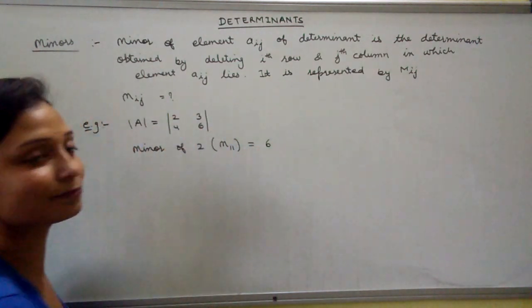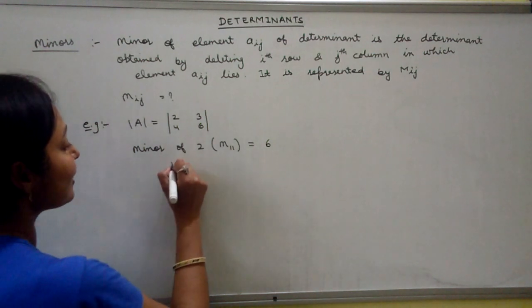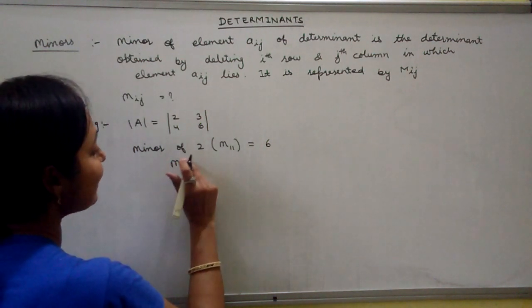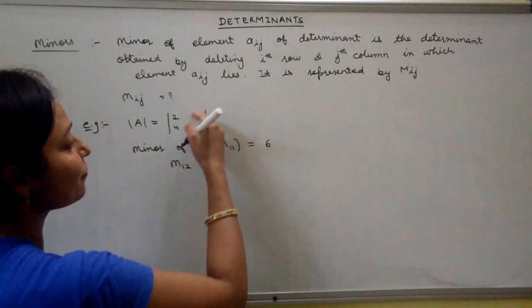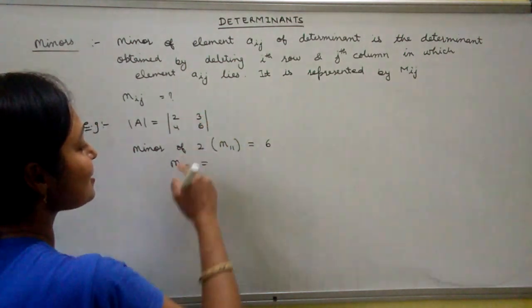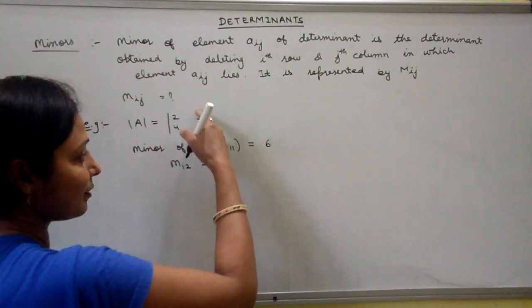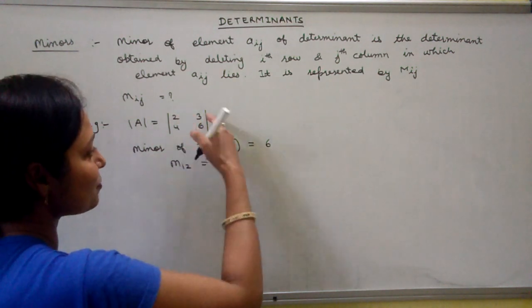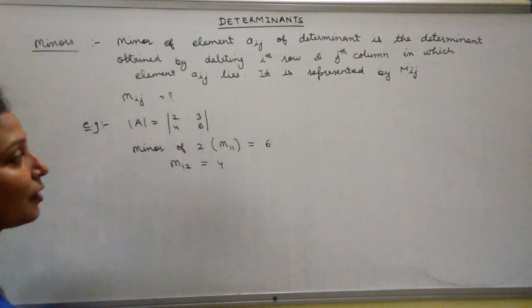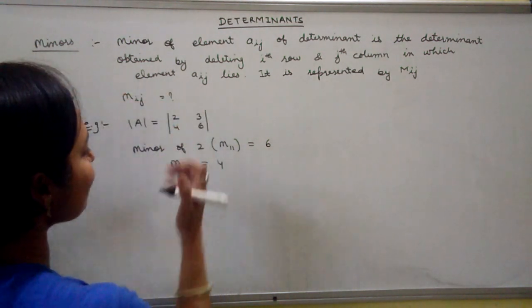We have 6. Minor of first row and second column, that is minor of 3. This column, second, and first row will cancel, we get 4. We have to cancel these two and we get 4.